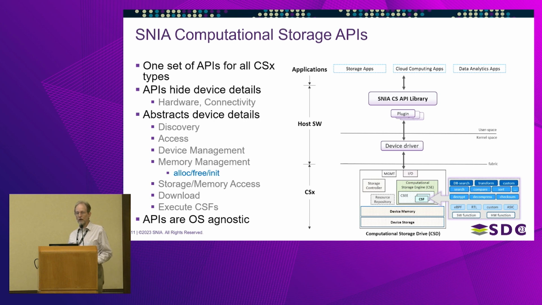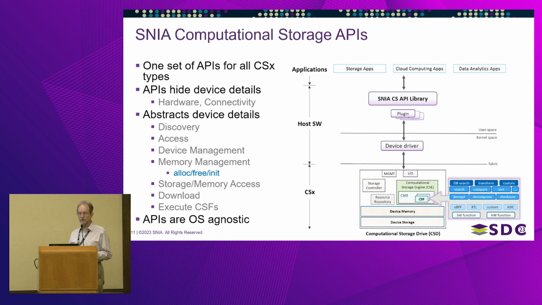The goal of the API is to hide the device details, like the hardware that's behind it, the connectivity that's there, so that you can have an application that uses computational storage without having to know any of the details of the protocol that's being used for it.